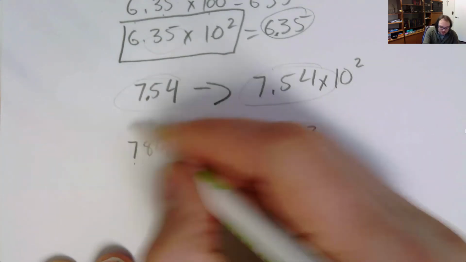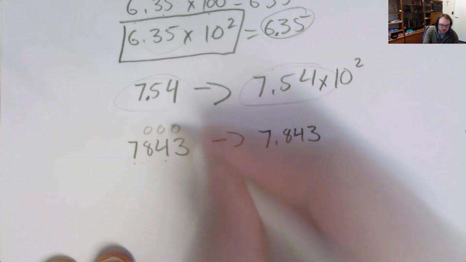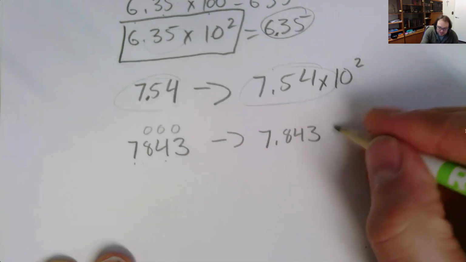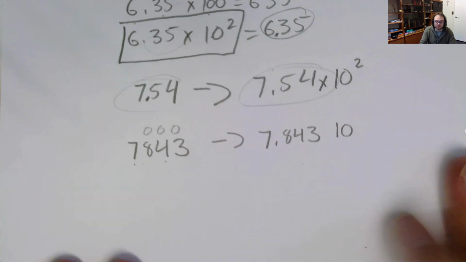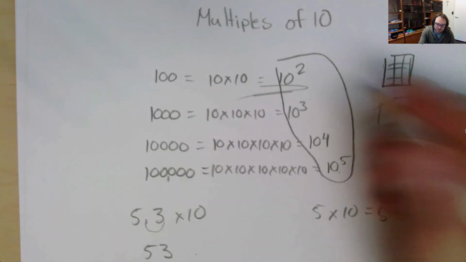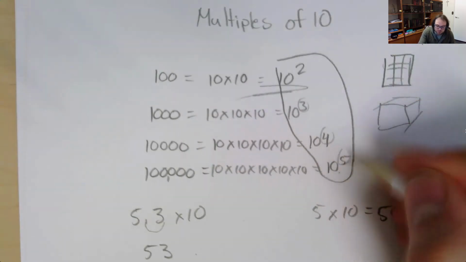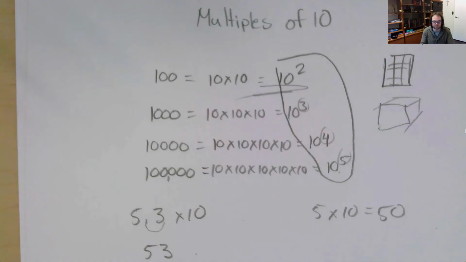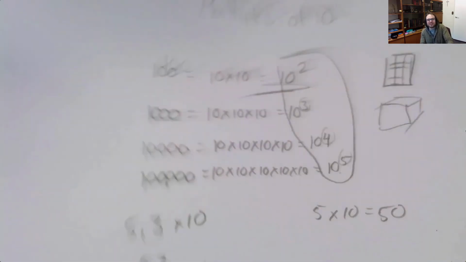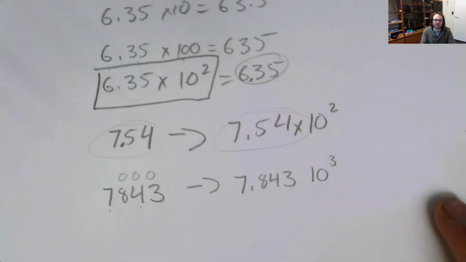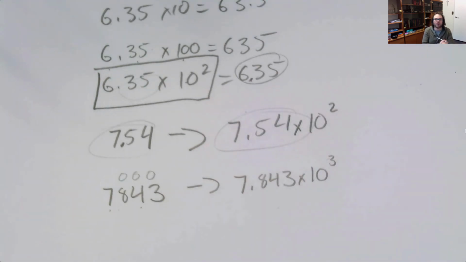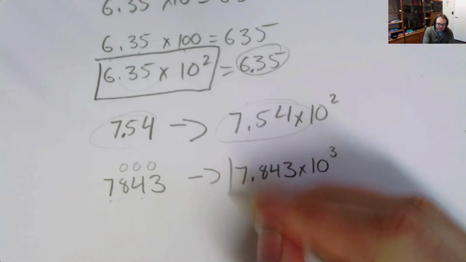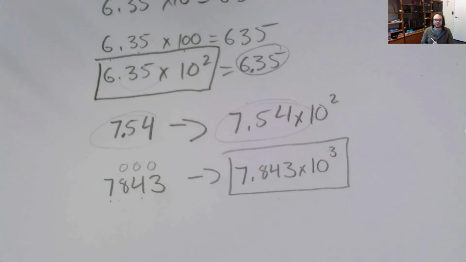So altogether, really 7,000. 1, 2, 3 zeros. So that means we want 10, and when we have 3 zeros, that's to the power of 3. Because if we look back here, this number tells us how many places or how many zeros there are. So that is going to be 7.843 times 10 to the power of 3, and that is this one here in scientific notation.